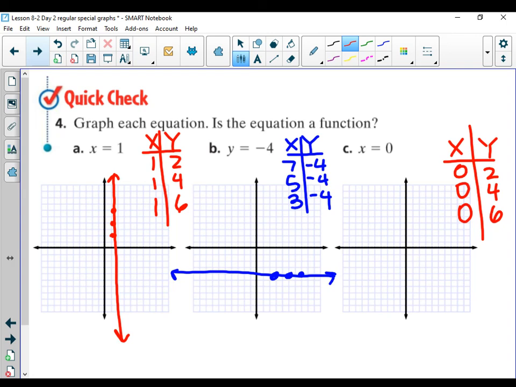Walk nowhere? Up 2, walk nowhere, up 4. So it's right on the y-axis. Some people then use a different color, not required, or they make that extra dark. That would be good. But the line turned out to be right on top of the y-axis.